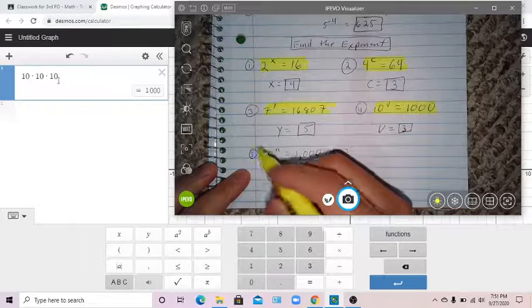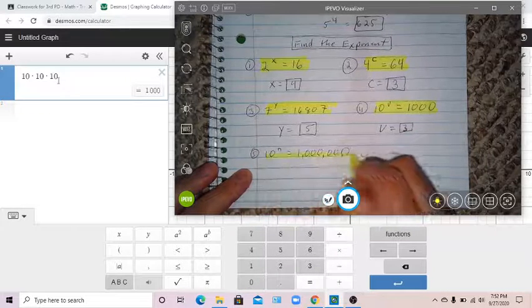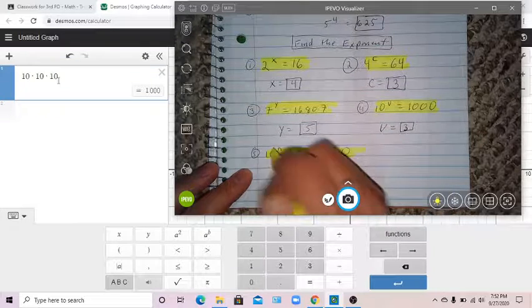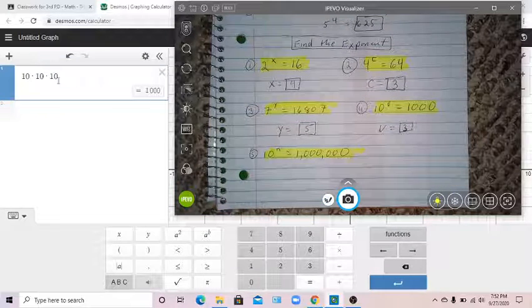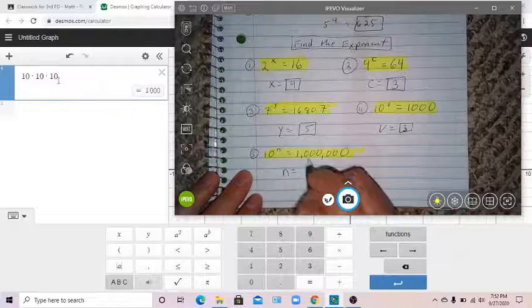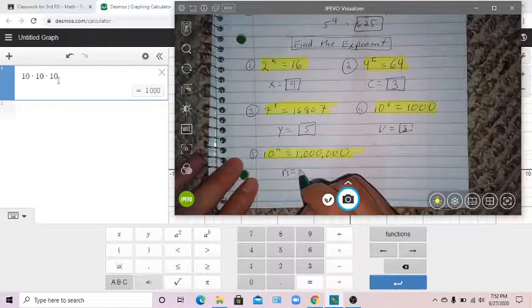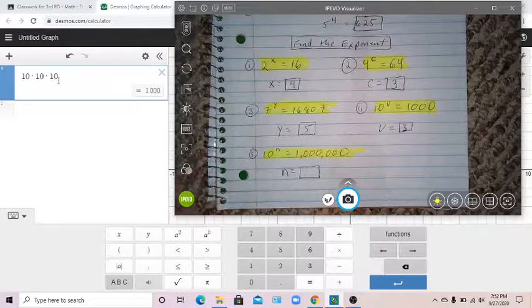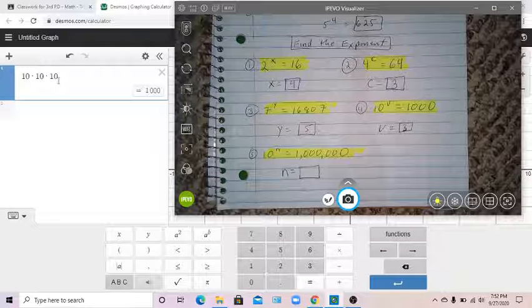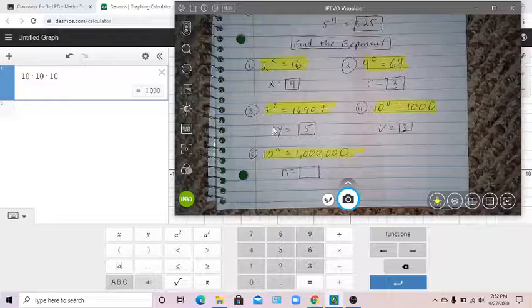So let's see what happens. What would that exponent n be? That exponent should be 6. A million has 6 zeros, so 10 to the 6th power should give me the million, but let's go ahead and check.